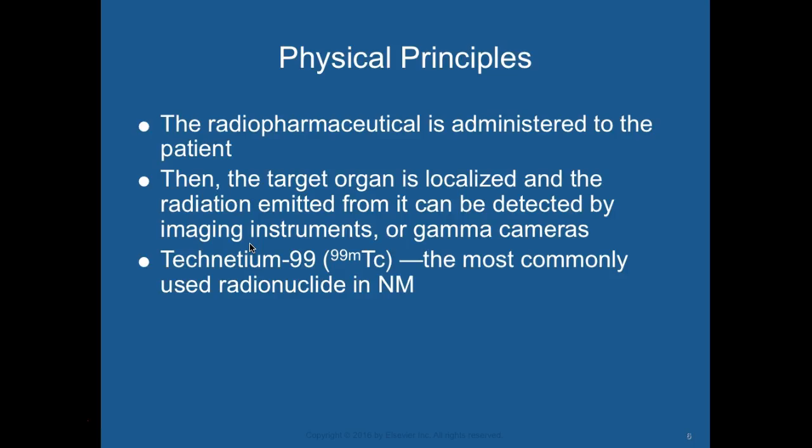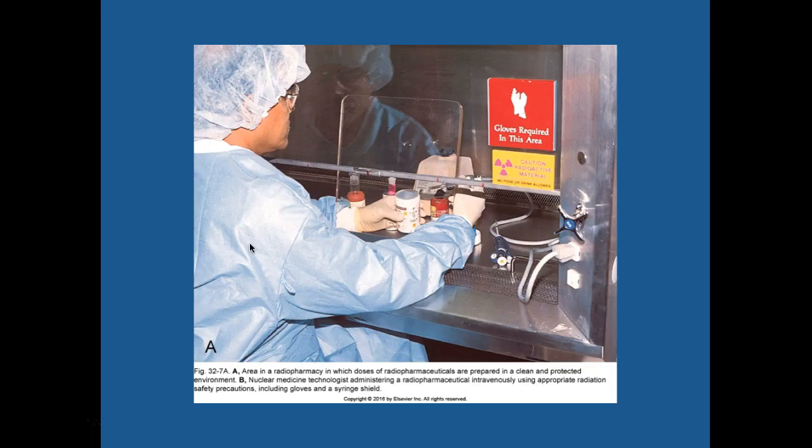So physical principles. Radiopharmaceuticals are administered to the patient, and then the target organ is localized by the radiation emission from it, and is detected by a gamma camera or other kind of radiation accepting instruments. So technetium-99 is the most commonly used radionuclide in nuclear medicine.